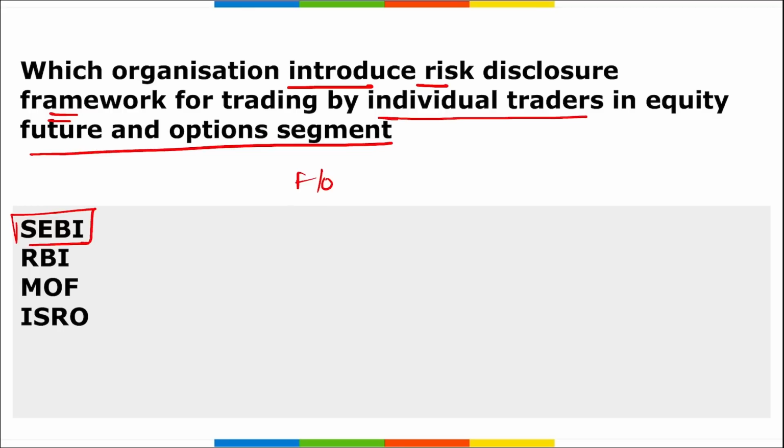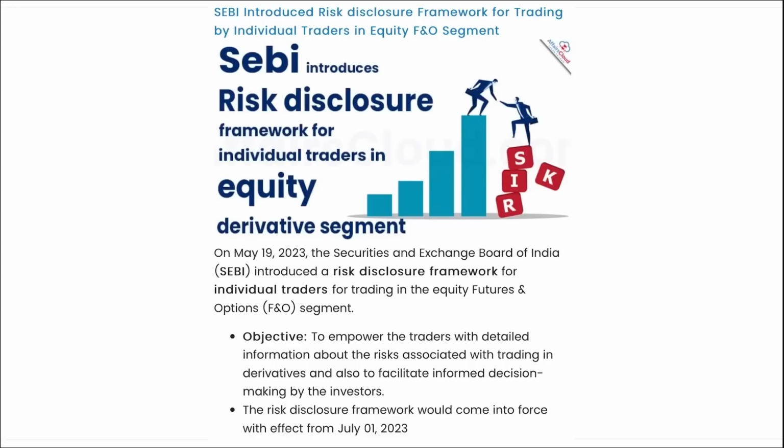The main objective of this framework is to empower the traders with detailed information about the risks associated with trading. Correct? Also remember, these trading risks are in derivatives, and the framework also facilitates informed decision making by investors. So that is the reason this risk disclosure framework was launched by SEBI.